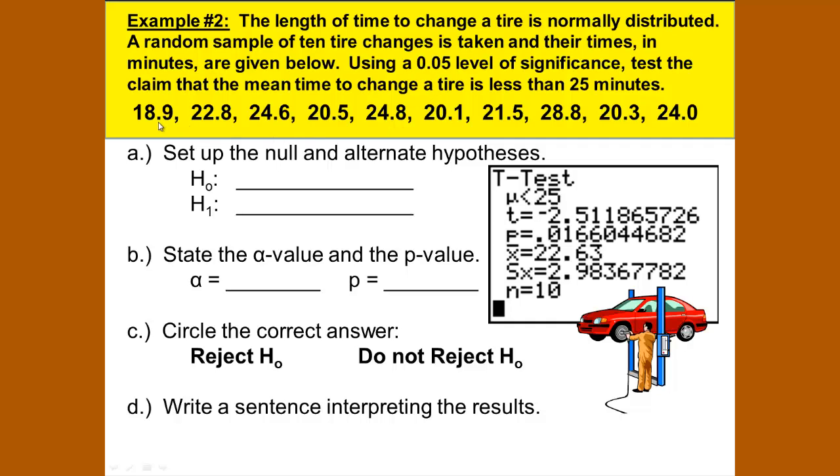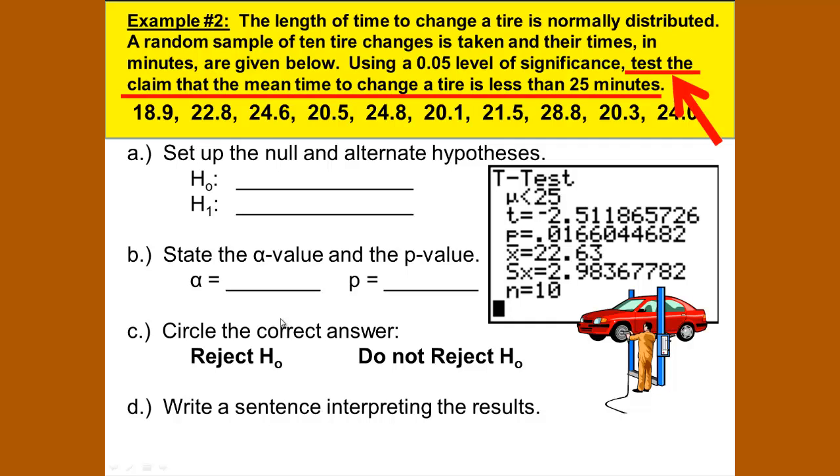So we have 18.9, 22.8, 24.6, 20.5, 24.8, 20.1, 21.5, 28.8, 20.3, and 24.